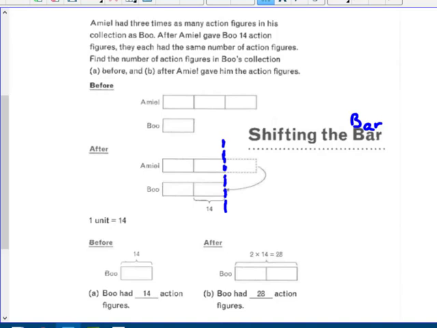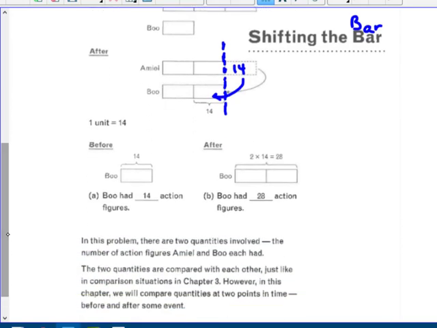Their length would be the same. Therefore, this unit has to be the 14, right? It's going down here. He gave him 14. Oh, it's going to Boo. So 1 unit happens to be the 14. So before, Boo only had 1 unit, which was 14. And now, after, he has 2 units, which makes it 28.